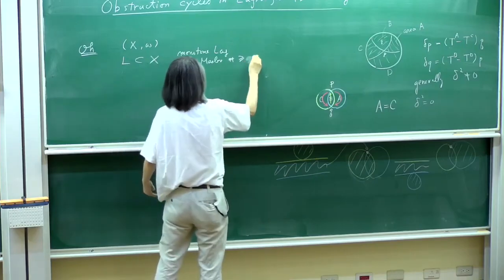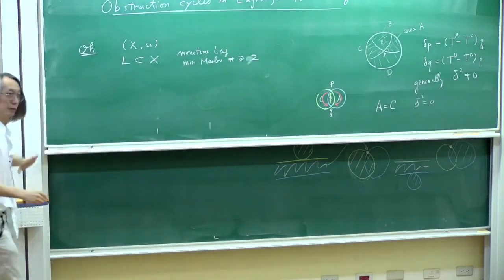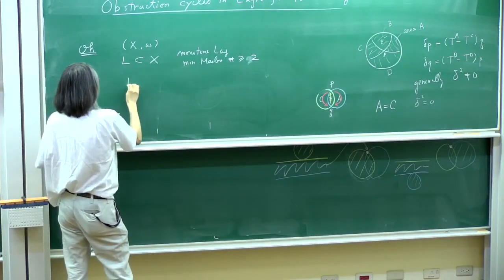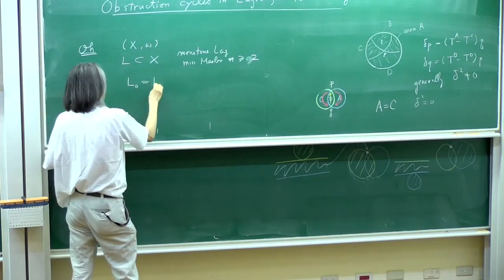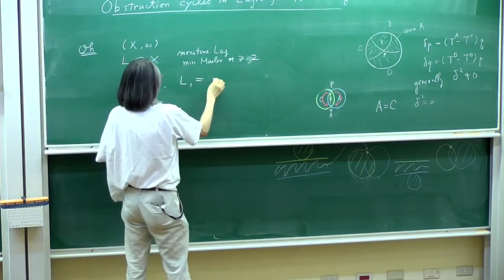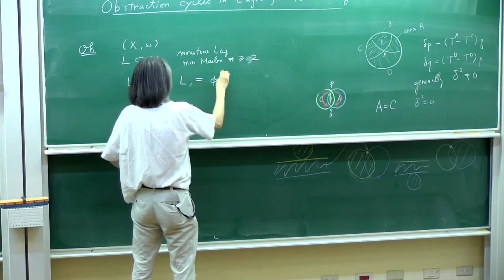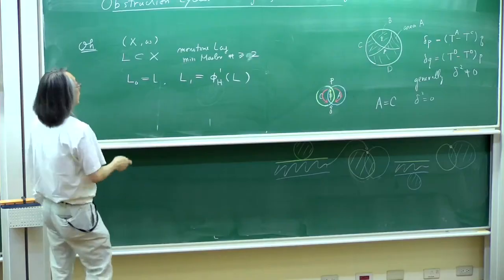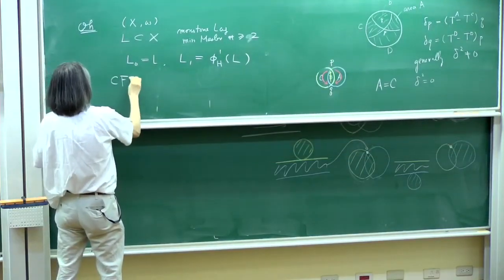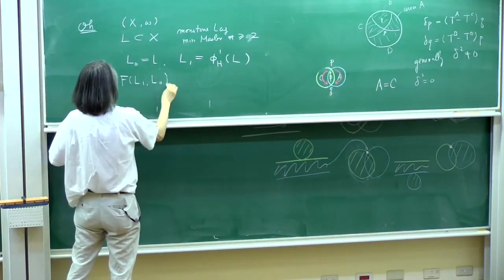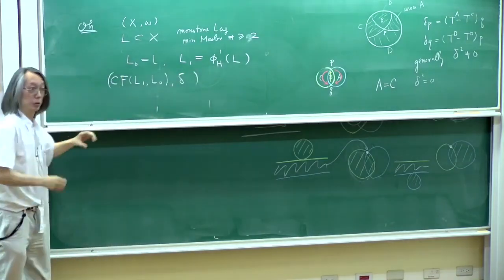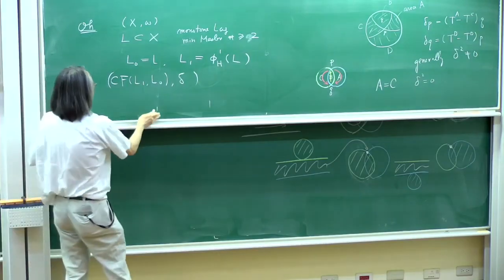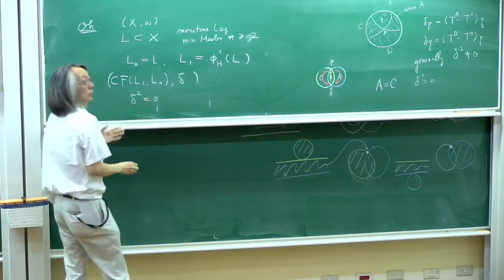In fact, if it is bigger than 3, then the general story works. But in this situation, consider L0 is just L, but L1 is actually phi of H_1 of L, so just a Hamiltonian deformation of it. And then you can define CF(L1, L0) with the usual counting of holomorphic strips. Then delta square is equal to 0.